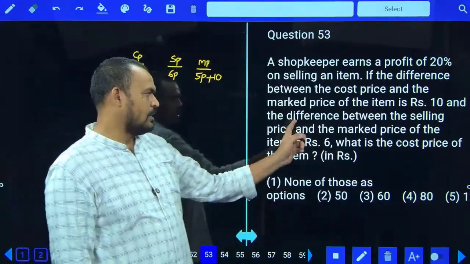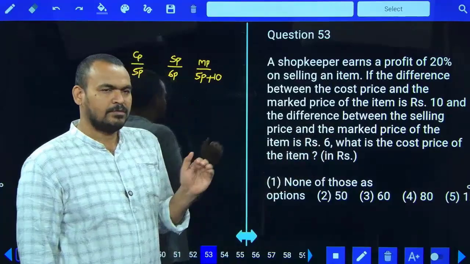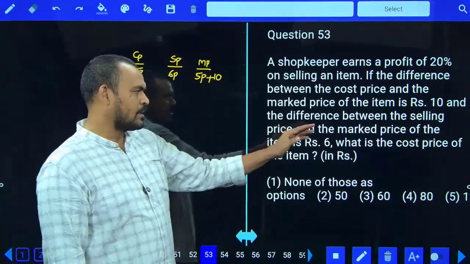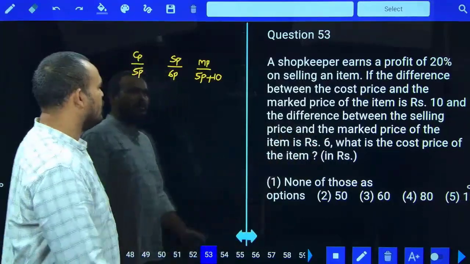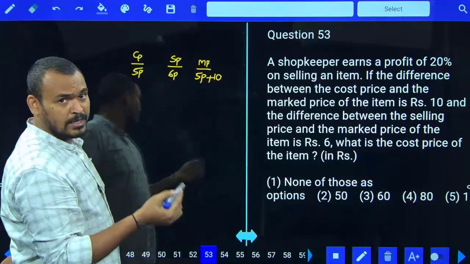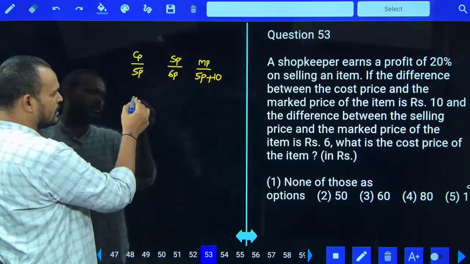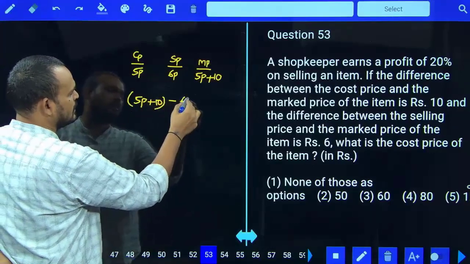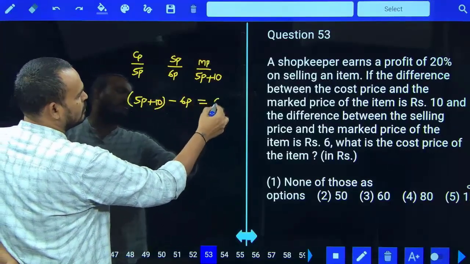And here selling price and market price difference is how much? 6. What is selling price value? 6 parts. Market price value is 5 parts plus 10. Selling price 6 parts. These two difference equal to how many rupees?